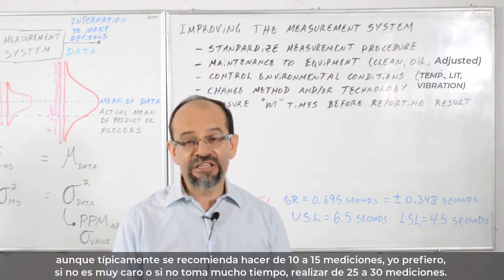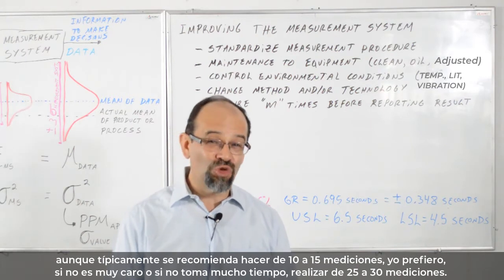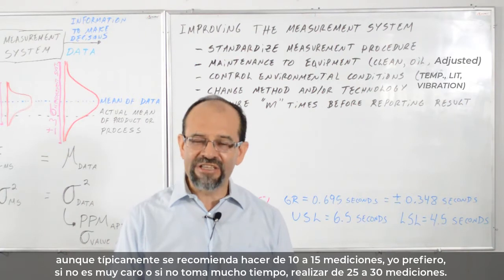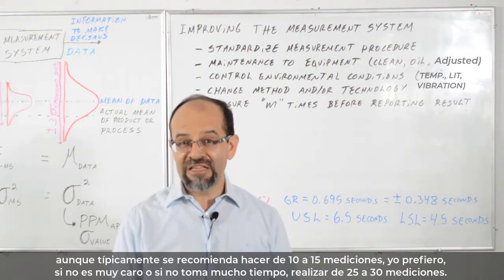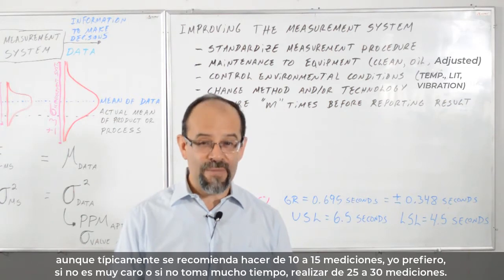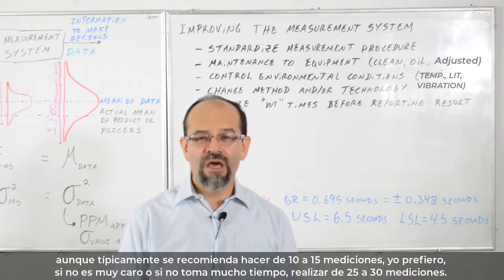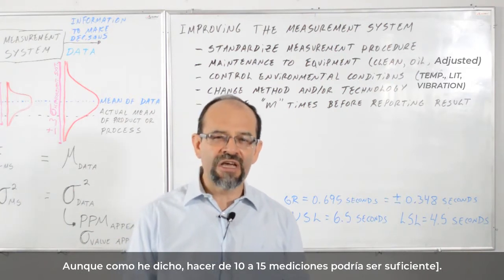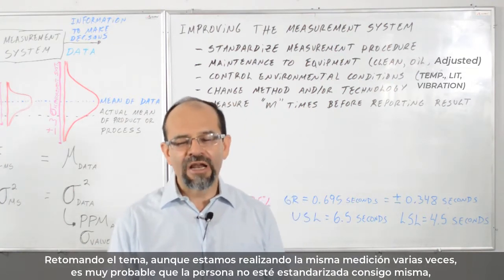Usually, it is recommended to do at least 10 to 15 measurements. I prefer, honestly, if not very expensive, not very time consuming, to do 25 to 30 measurements. 25 to 30 will be much better, but of course usually it is said that 10 to 15 is good enough.